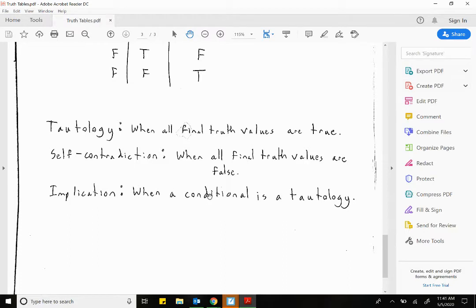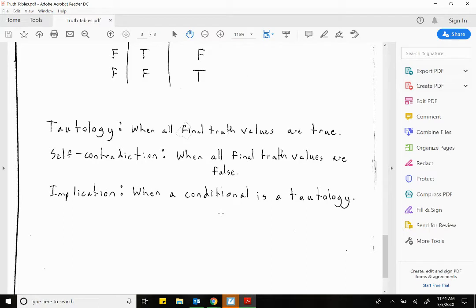Okay? But if you're dealing with a negation, an or, or a biconditional in the final column, then you're not worried about an implication. Implications only happen when you're dealing with a conditional statement that is a tautology. If the conditional statement is a tautology, then you can look at an implication.